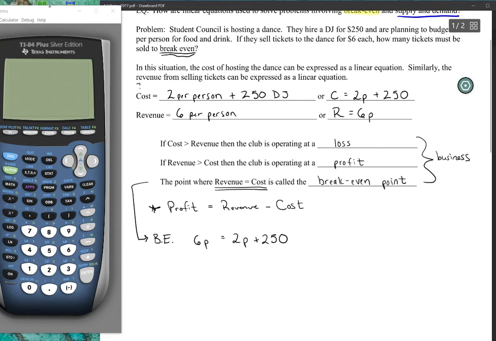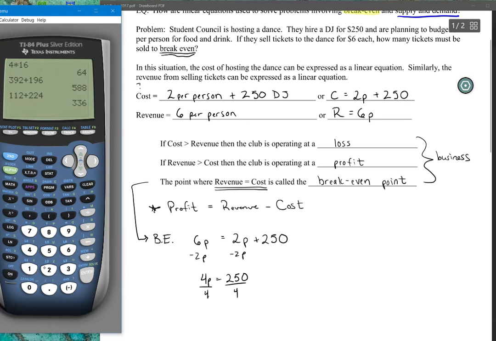So we are simply going to subtract 2p. Subtract 2p. We have 4p equals 250. And if you divide by 4, sometimes you'll get some decimals here, which is okay. But we come out to 62.5.